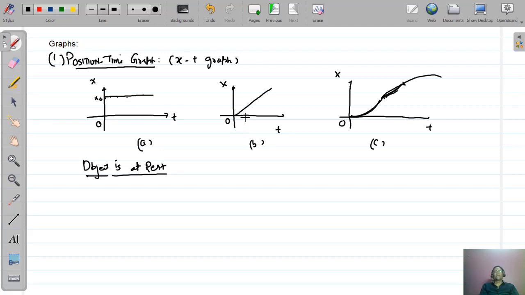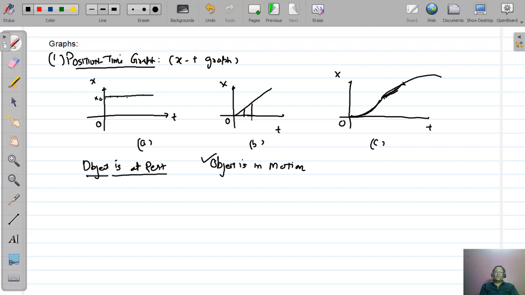Second graph is, we see that as time is changing, position is also changing. That means the object is in motion. One thing, what next? If we see, this is a straight line graph.